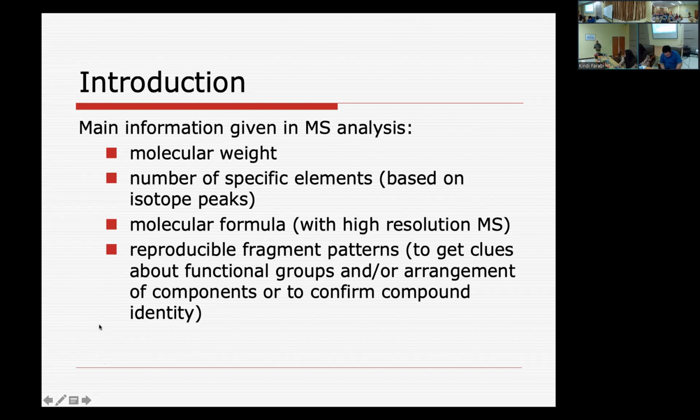Sebagaimana kita ketahui, ingat kalau di kuliah, kalau senyawa itu murni, bisa kita lihat juga dari pola fragmentasinya. Pola fragmentasinya adalah lazim, dan base peak itu menentukan fragmen yang paling stabil, ditentukan oleh pola fragmentasi.